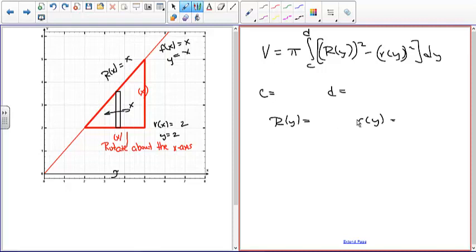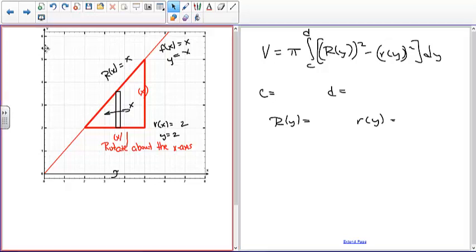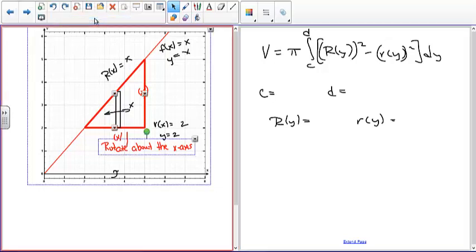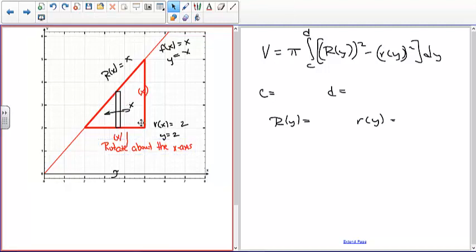So look over here. I've got the rectangle the wrong way, but just try to imagine rotating. I'll have to ungroup it. Okay, so let me get rid of that.